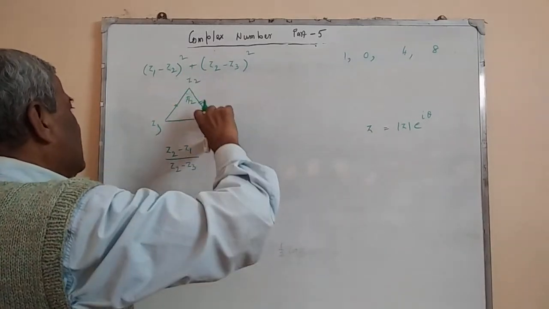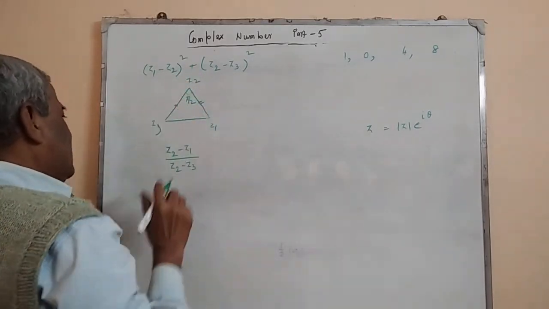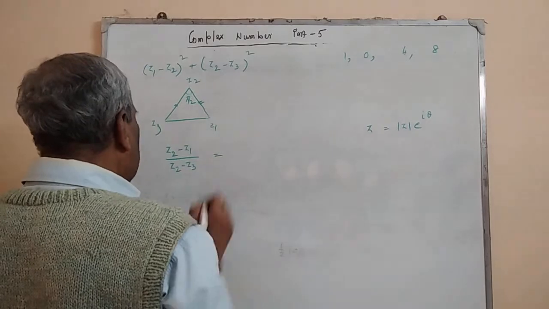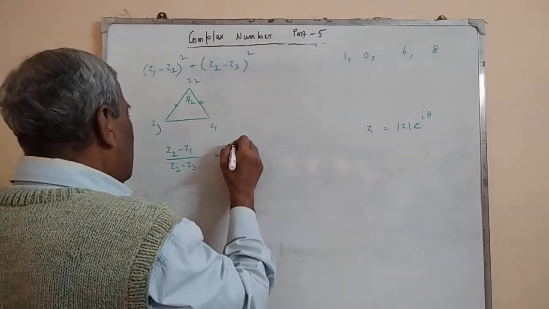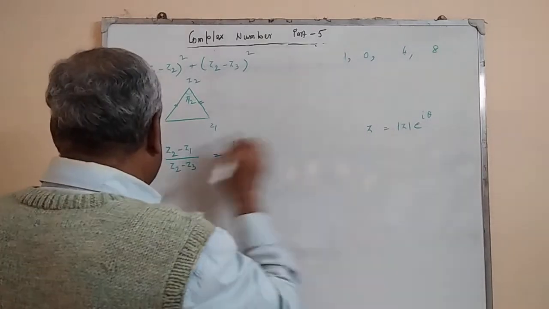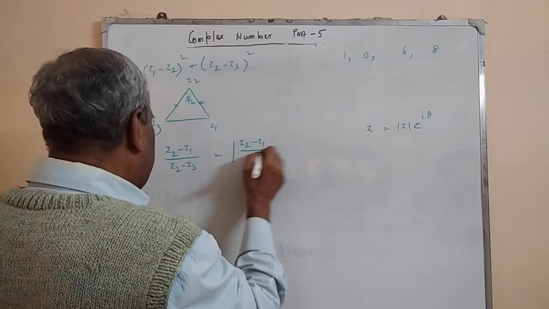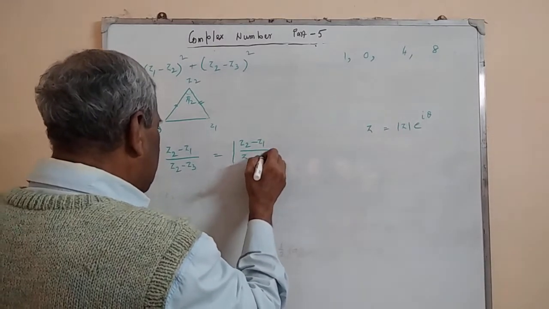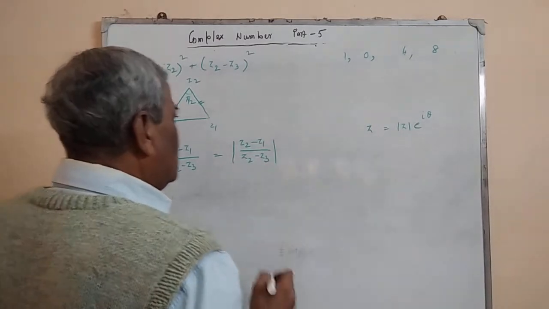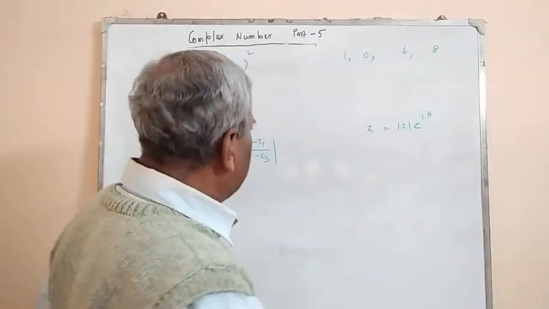It must be equal to its modulus into e to the power I theta, which is nothing but cos theta plus I sin theta.